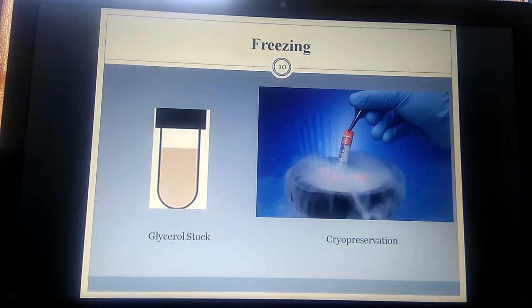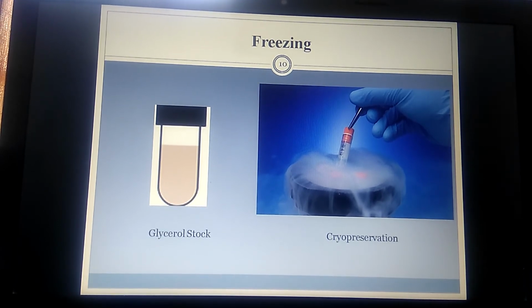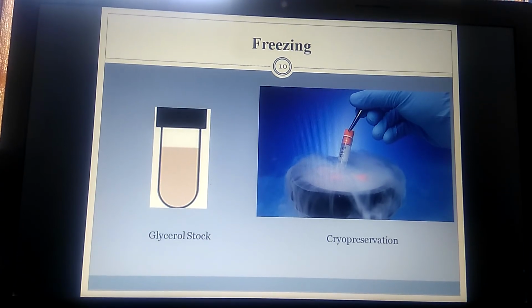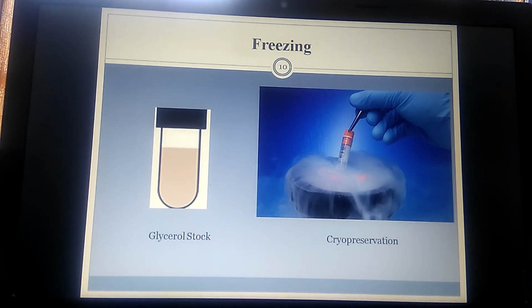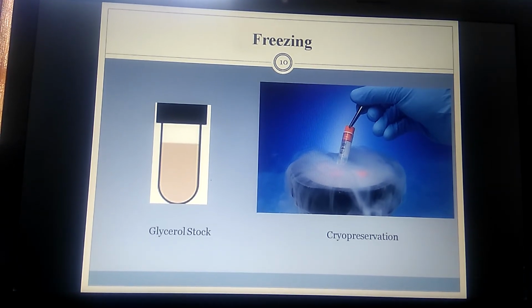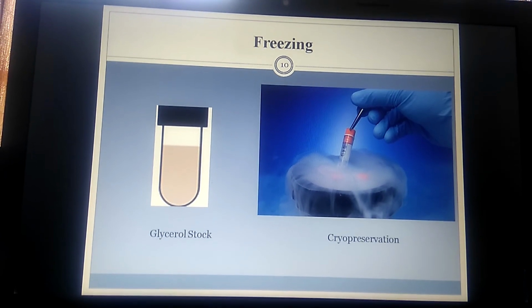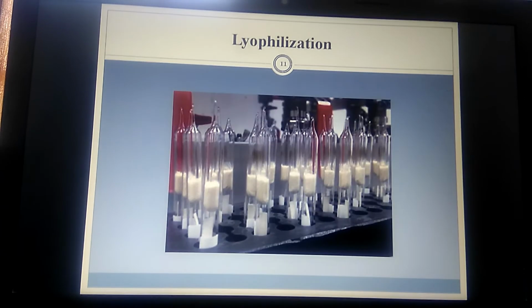But the refrigerators which use this gas nitrogen are really costly. So that is one of the negatives of liquid nitrogen preservation. These glycerol stocks or liquid nitrogen preservations will be done in higher research laboratories, where they will be storing the organisms for a really long time.